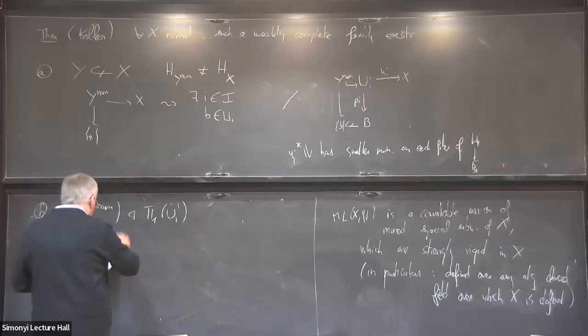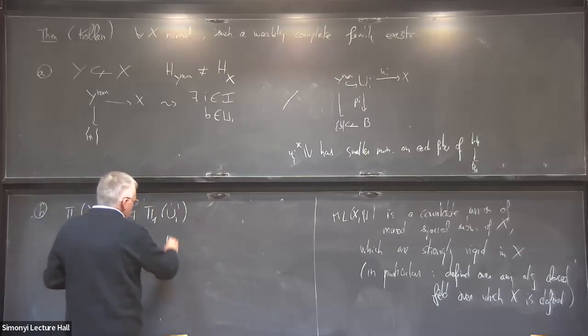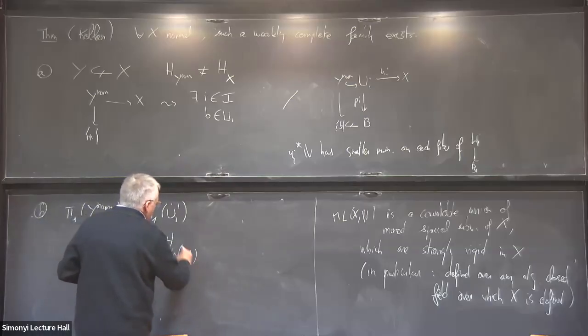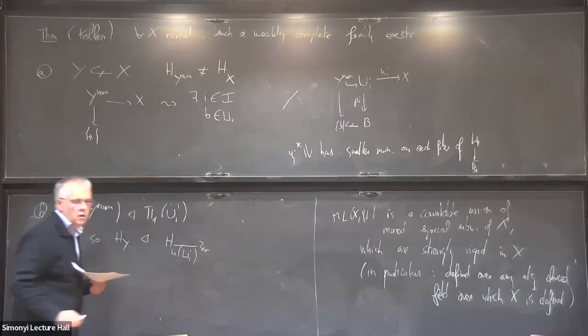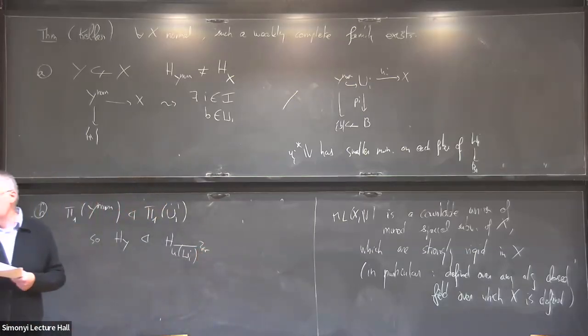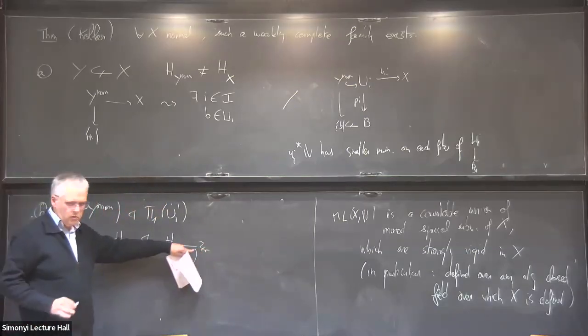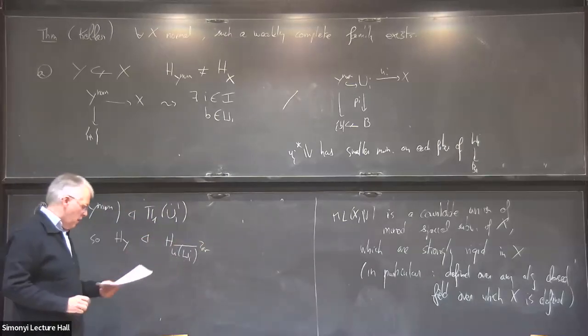So this implies that if you look at the monodromy group of H_Y, then it will be a normal subgroup in the monodromy of the image. When you take the Zariski closure, I mean, this image is constructible, just take the Zariski closure. So it will be normal there.